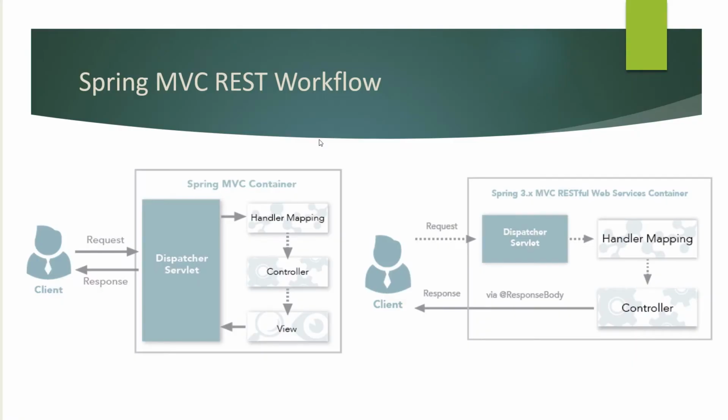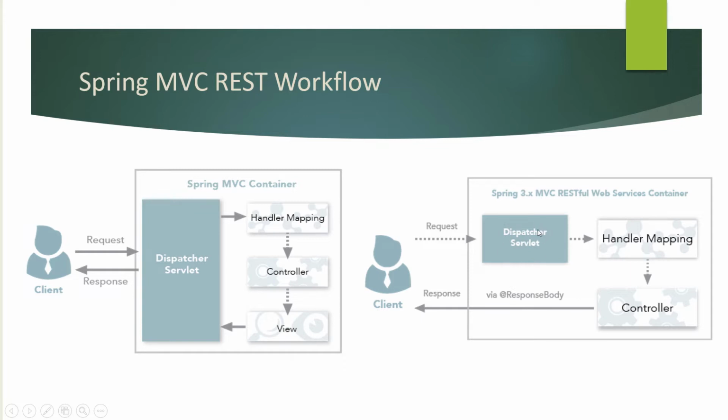Now we move to the main part today, Spring REST. Firstly, I want to introduce the workflow for Spring REST. When the client sends a request to the service, the request is intercepted by the DispatcherServlet, which looks for the handler mappings and their types, and it tells the DispatcherServlet which controller to use based on the incoming request and returns to the client.